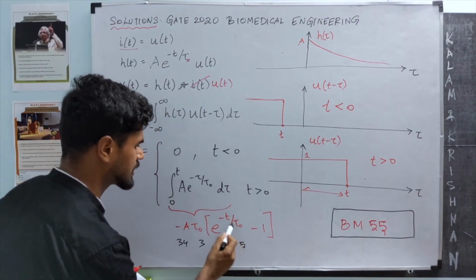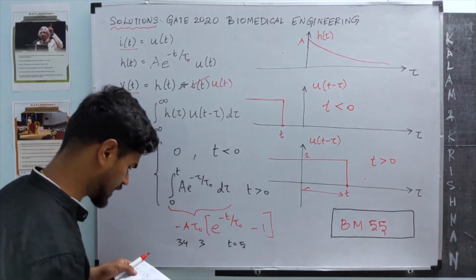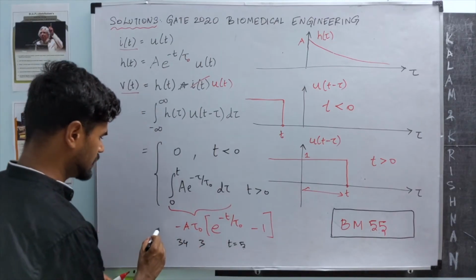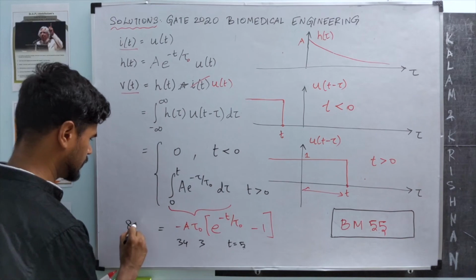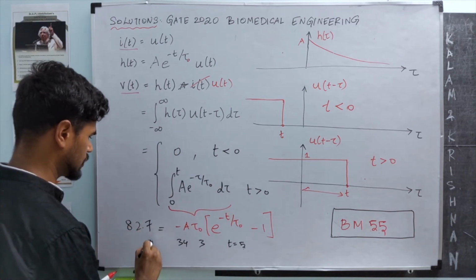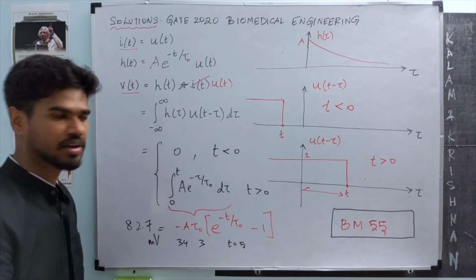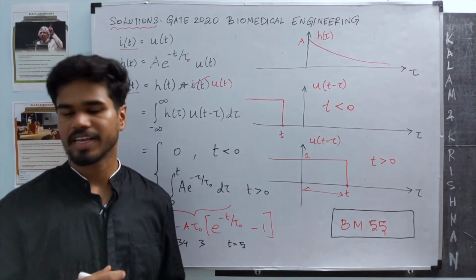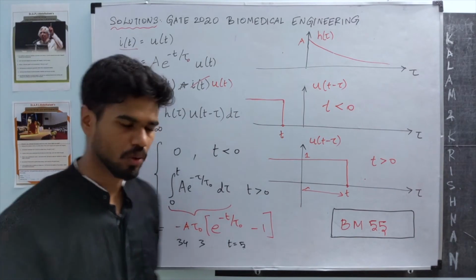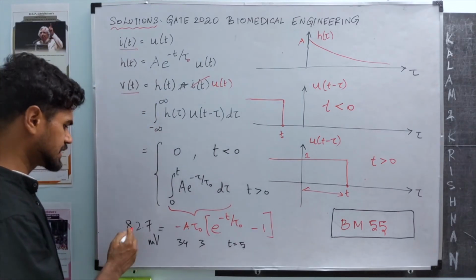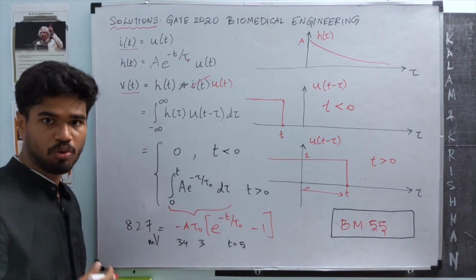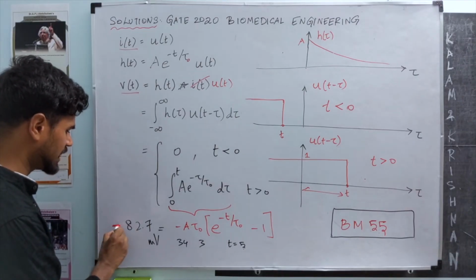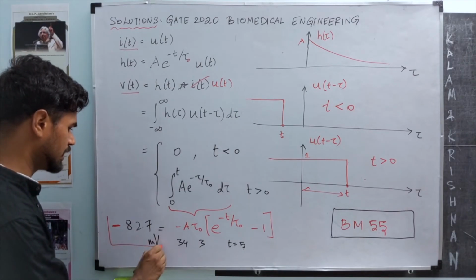Tau naught is in milliseconds and t is in milliseconds, so we can keep things as such, and this value turns out to be 82.7 millivolts. But we notice the question says the cell is being injected with current I, so the potential inside should become more and more negative starting from 0. So the correct answer is minus 82.7 millivolts.